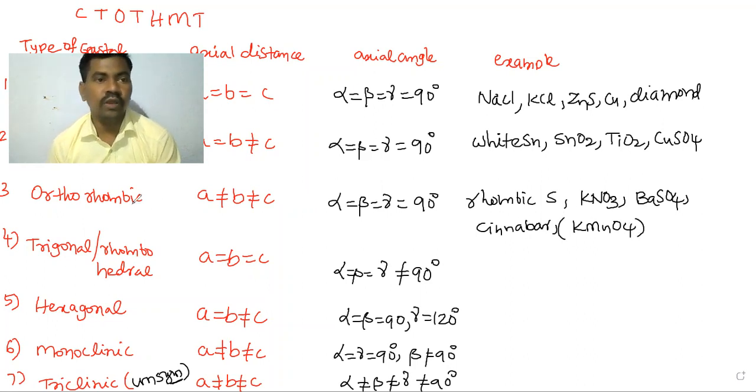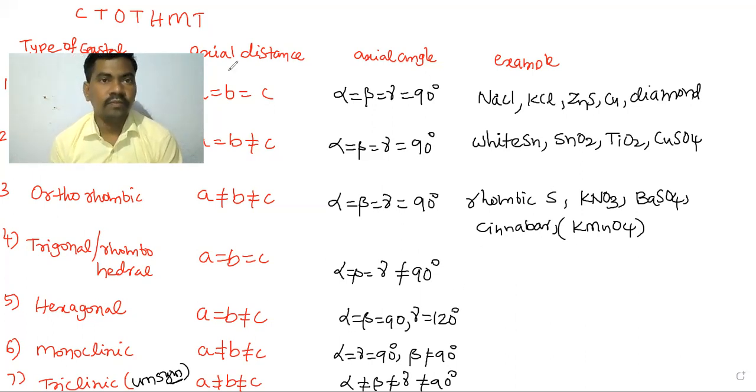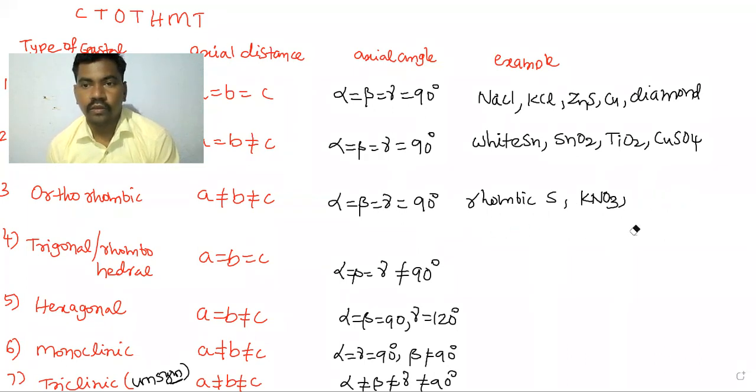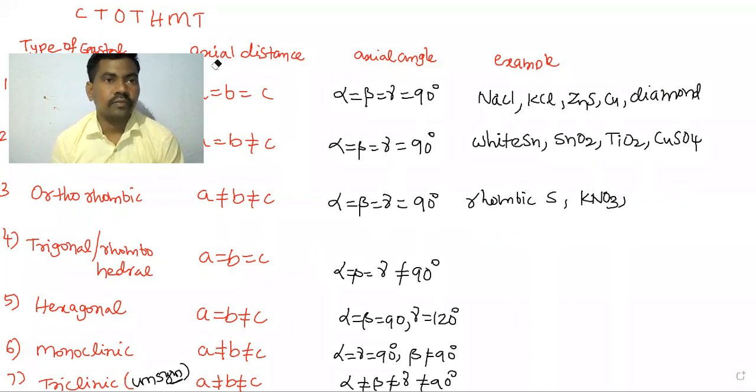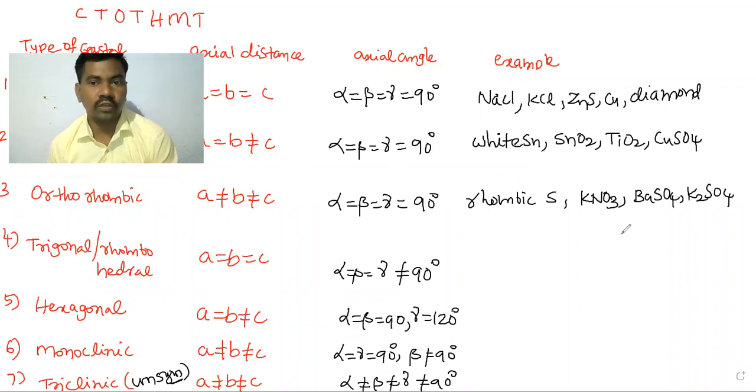KMnO4 belongs to the orthorhombic system. K2SO4 also belongs to orthorhombic.